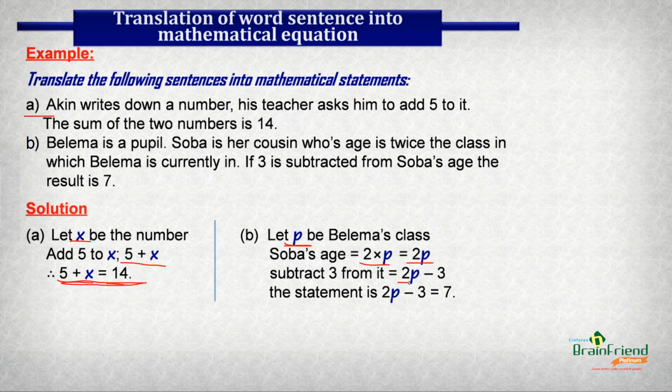So we have 2P minus 3. And then lastly, the last part of the question says that if we subtract 3 from Soba's age, the result will be 7. So we have 2P minus 3 equal to 7. This mathematical expression clearly represents the story in our second example.